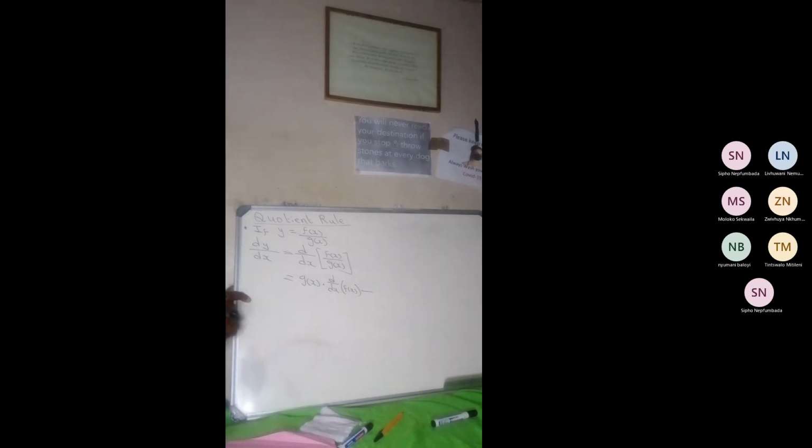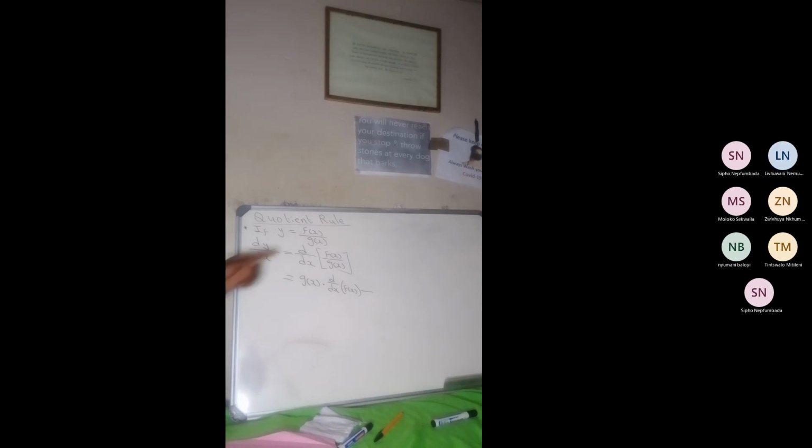So now, this one is going to give us: we copy the function which is on the denominator, which is g at x, multiplied by, we derivate the one on the numerator, meaning we're going to have d dx of f at x, minus, we subtract.